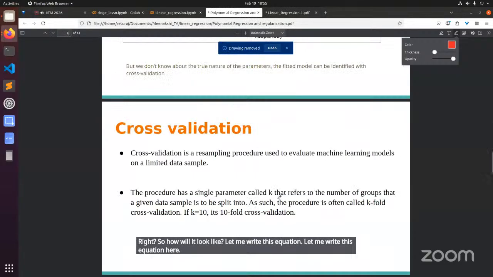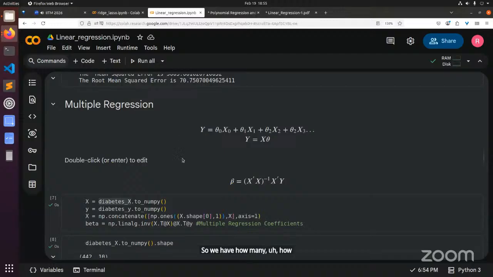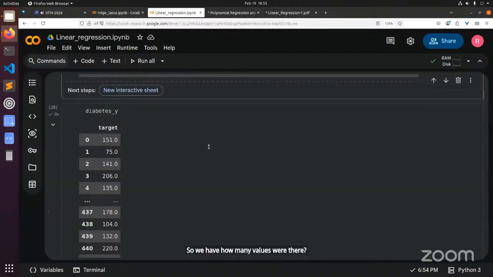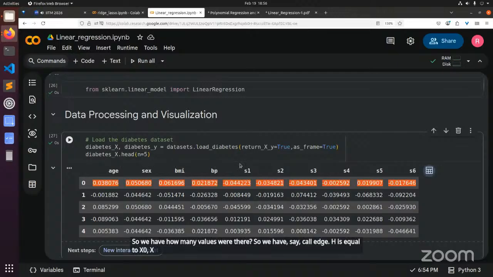So how many values were there in x? Say age is x0, x1, x2, x3, x4, x5, x6, x7, x8, x9.